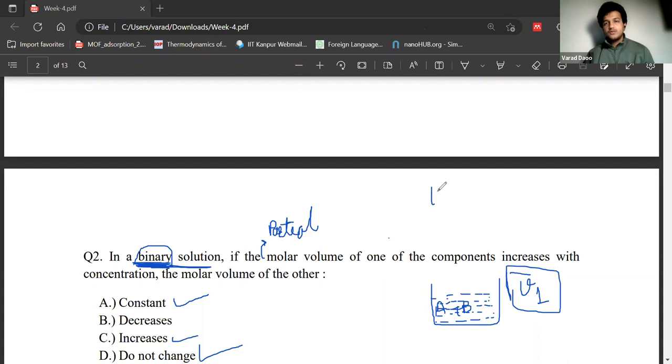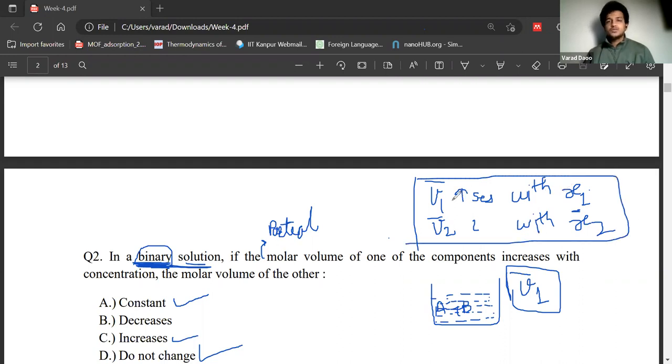If V1 bar increases with its concentration, increases with x1. Remember, what we have in here is a solution. That is why we are using x1 here. Then what happens to V2 bar with x2? That is the question.